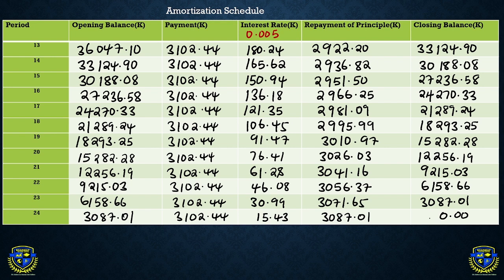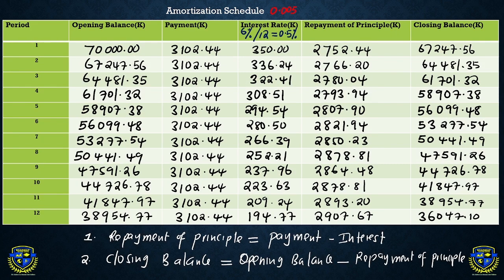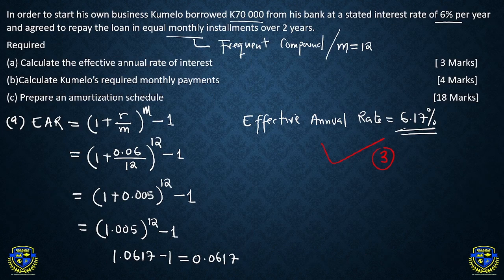Okay, that means that the loan has been exhausted in 2 years, in a period of 24 months. So this question was carrying 18 marks, as we can see there. The question is 18 marks.